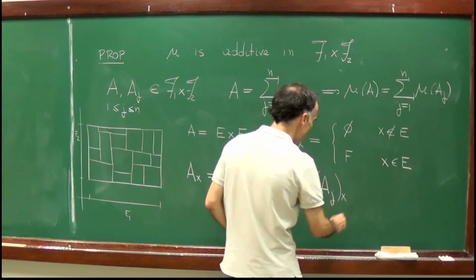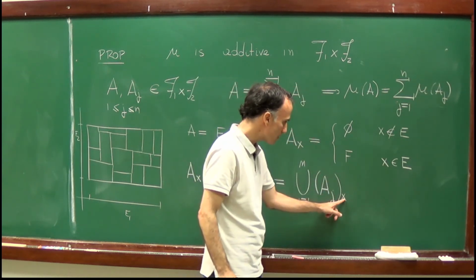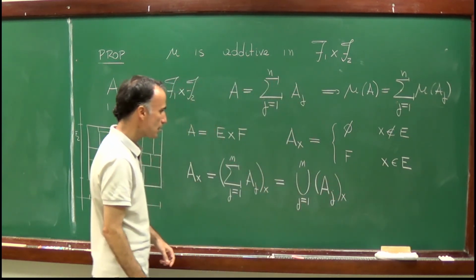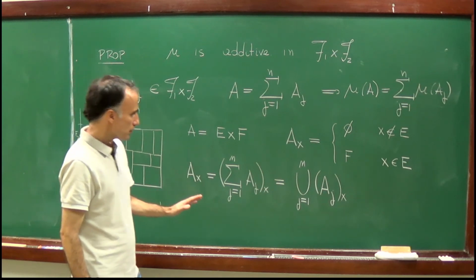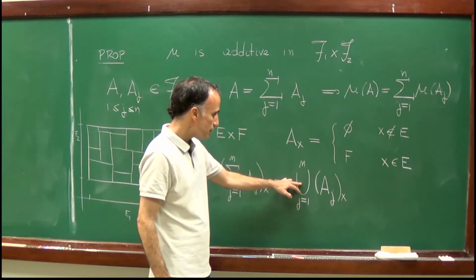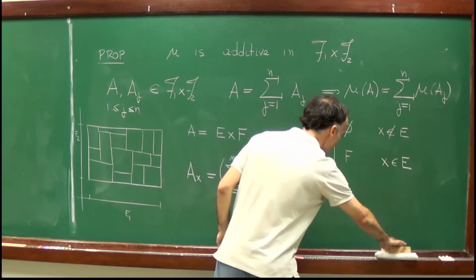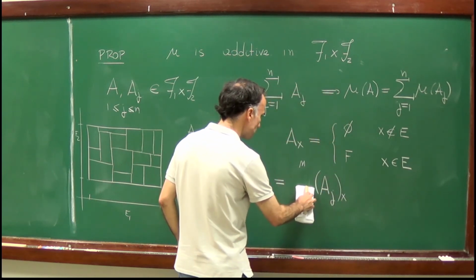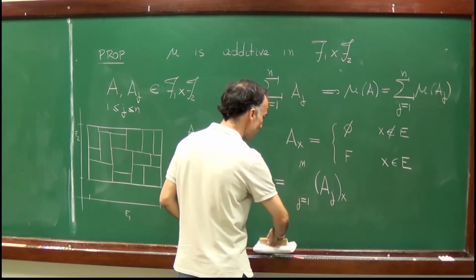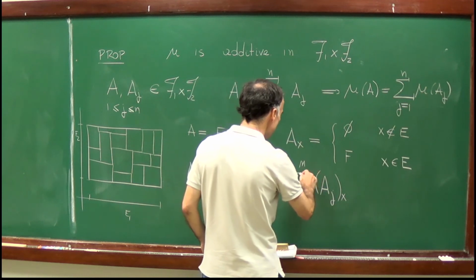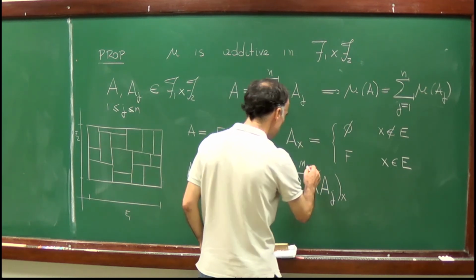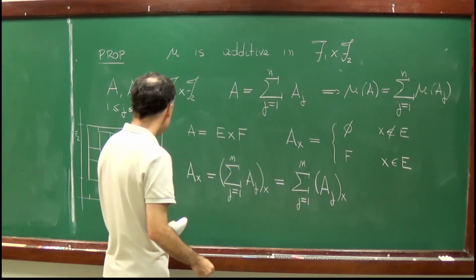So here I have AJ, and I'm taking the section at x of AJ. My first observation is that, in fact, this union is a disjoint union. So I want to replace the union by this sum, and that I have to prove.